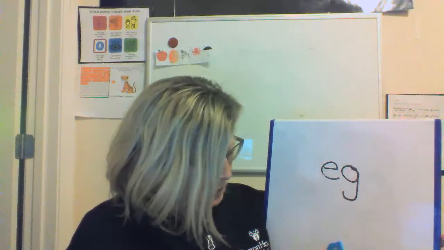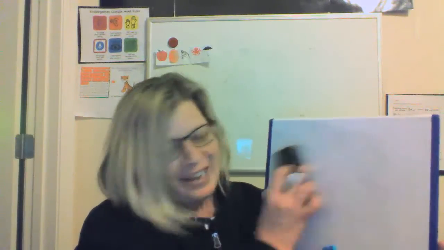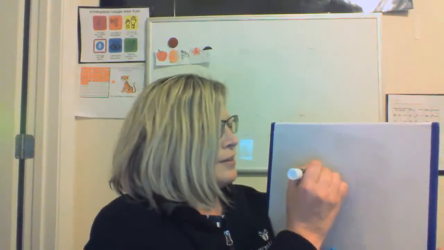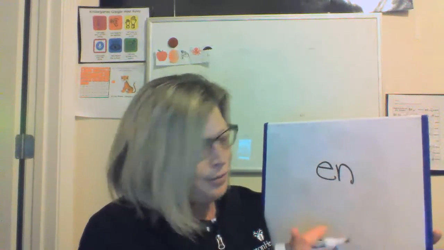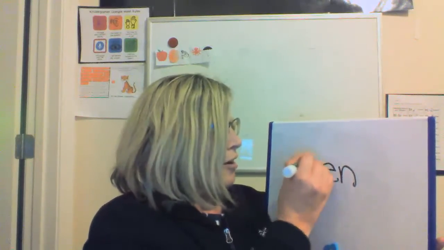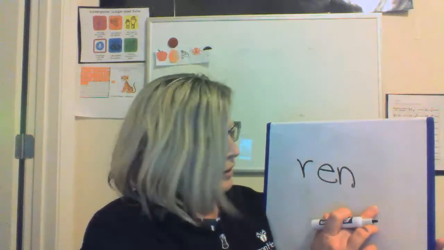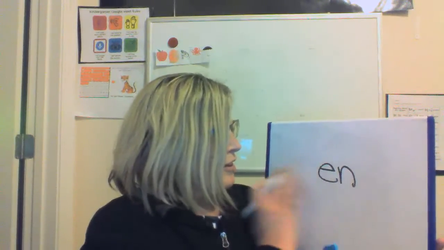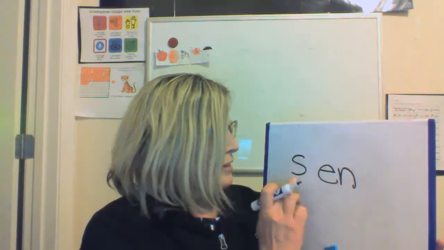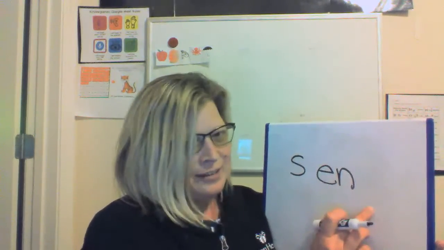All right, so then let's practice our other ending, which was en. The last ending was en. So I'm up to Q. The next letter is R. Ren. That's a nonsense word. How about S? Sen.